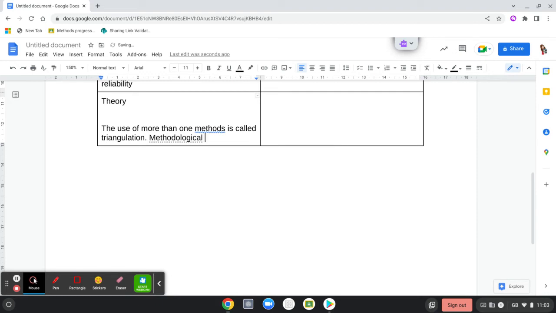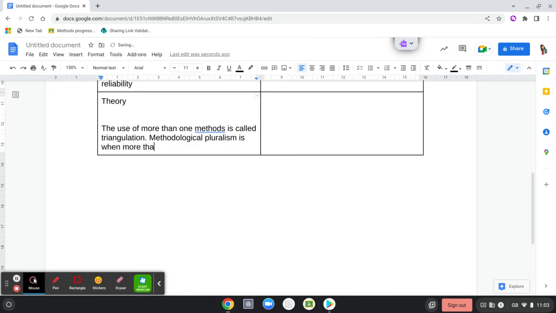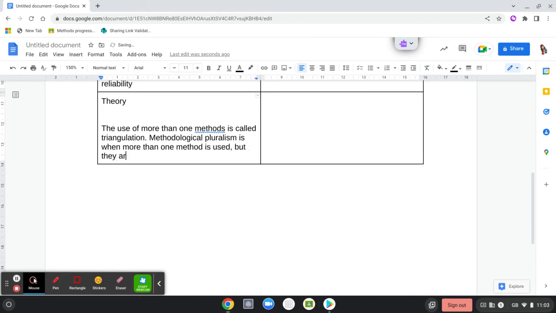Methodological pluralism is when more than one method is used, but they are qualitative. So again, bracket it, they're qualitative, so expressed in text or words. I'm going to put expressed, not to be lazy.